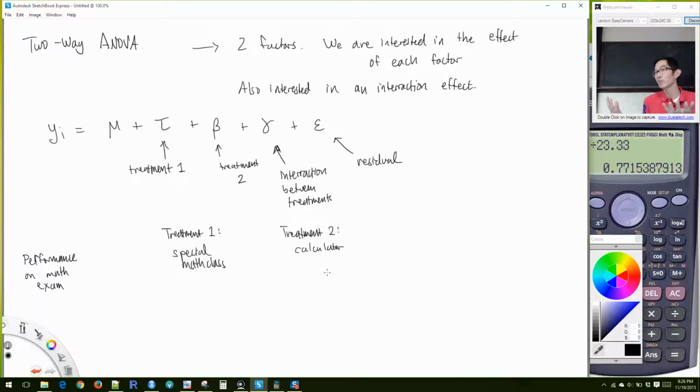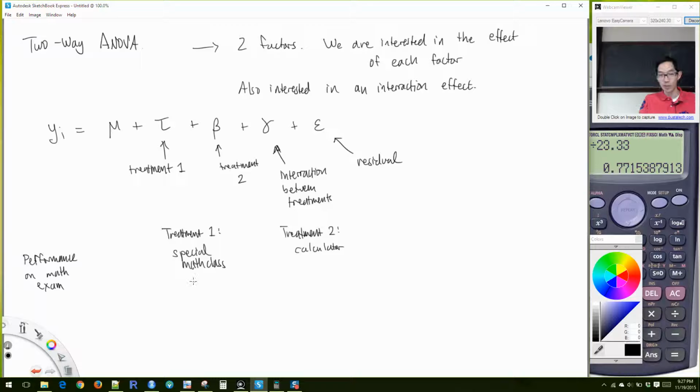If that's the case, then there is what we call an interaction, which says the net effect of treatment 1 and treatment 2 cannot be explained just by treatment 1 and treatment 2 alone, but rather when they work together, they produce more than what they would have by themselves.